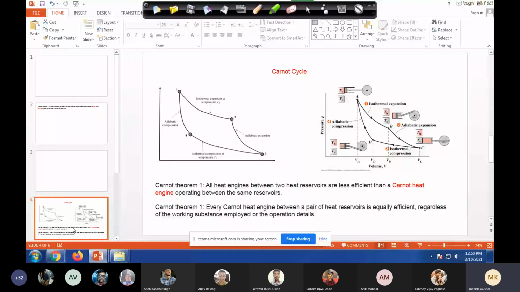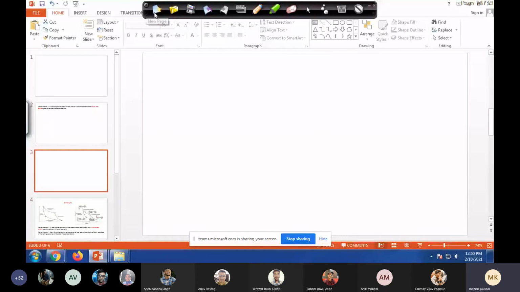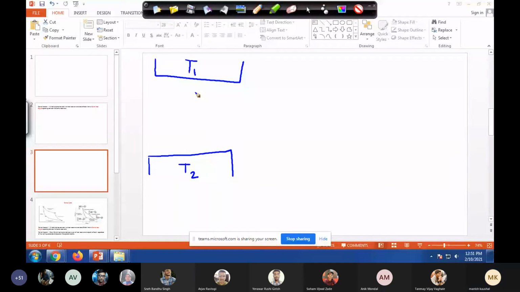Let's go to a new page. It simply says that let's say you have reservoirs T1 and T2, and now you have two reversible engines, reversible engine 1 and reversible engine 2.